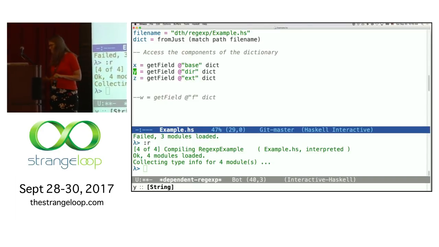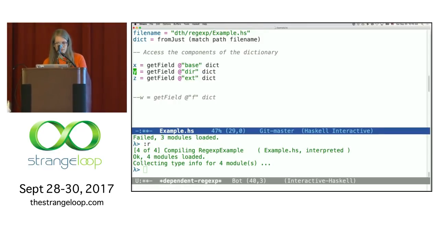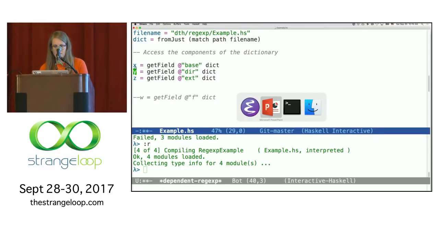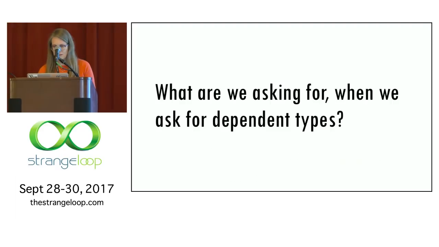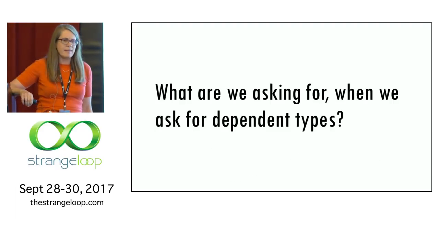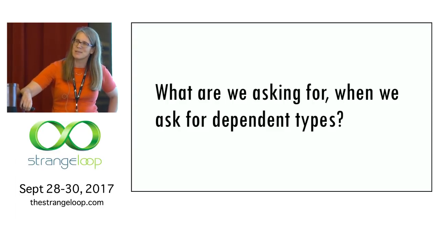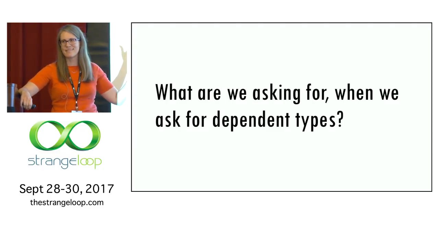So let me unpack this a little bit and show you how that works. I'm going to unpack this by asking this question: when we say dependent types, what do we mean? Because Haskell's not a dependently typed language, clearly.